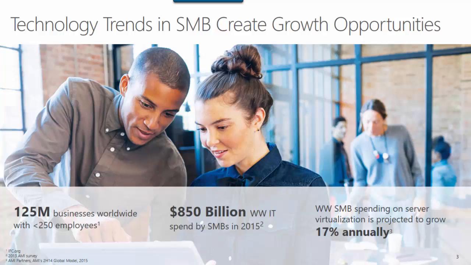So the first technology trend that we'll talk about here is just some of the growth that's going on. First up, globally, there's an $850 billion worldwide IT spend by SMBs that occurred last year, and they expect things like virtualization technologies to grow by 17% year over year.